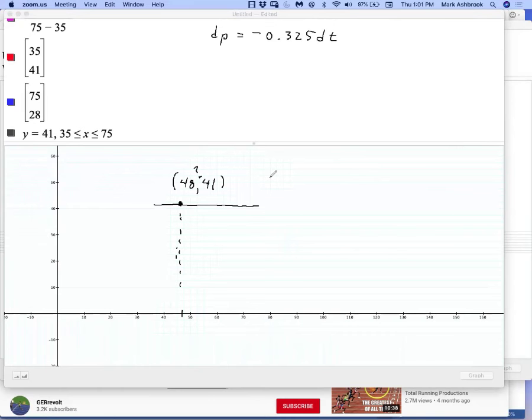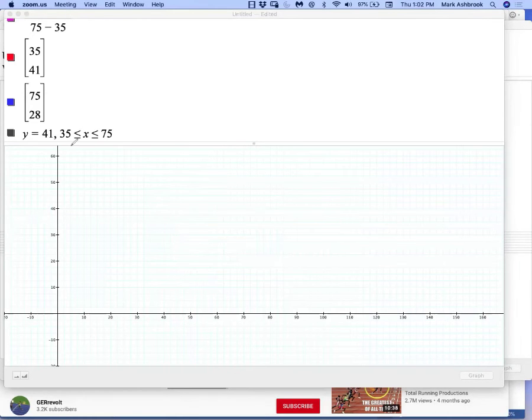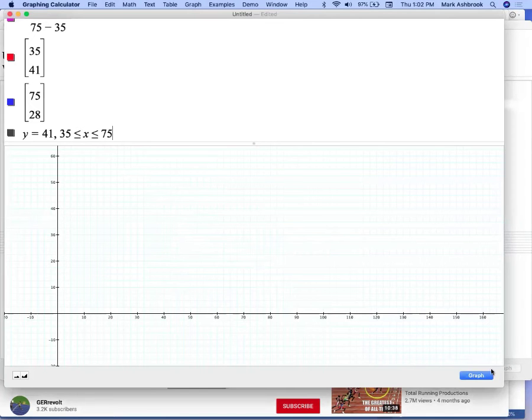So that's what it is, a set of points, right? So it's a set of ordered pairs, for every x value between 35 and 75 with a y value of 41, right? So now I've got that in there. If I hit graph, maybe, okay.